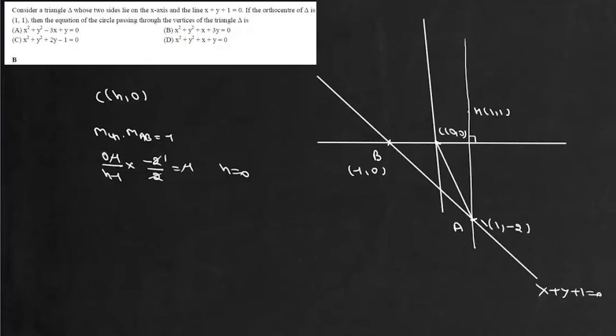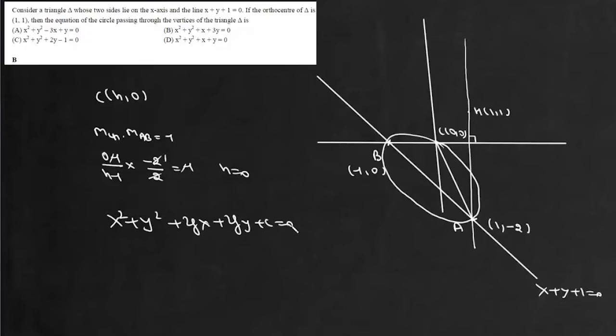Now we need to find the equation of the circle passing through these 3 points. Now let the equation be x square plus y square plus 2gx plus 2fy plus c equals 0. Since it passes through the origin, the value of c is simply 0. And from minus 1, 0, we'll get 1 minus 2g equals 0.